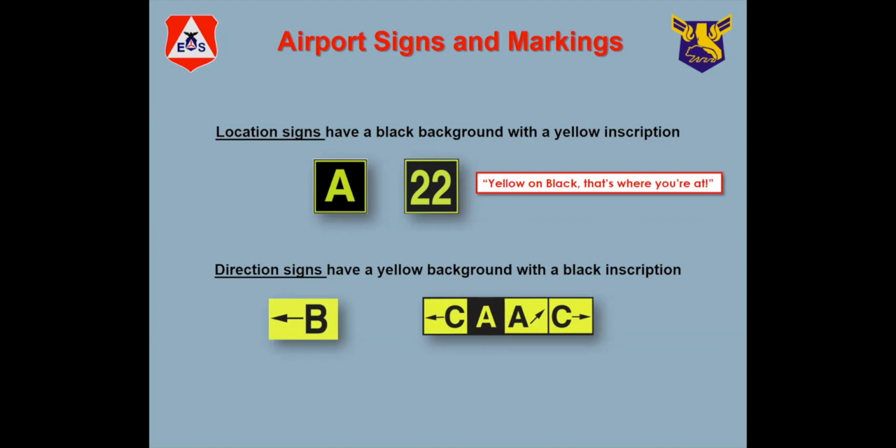Directional signs will tell you which way to taxiway Bravo, Charlie. You're on Alpha. Alpha is also off to the upper right, and Charlie is directly hard to your right. So that gives you direction.